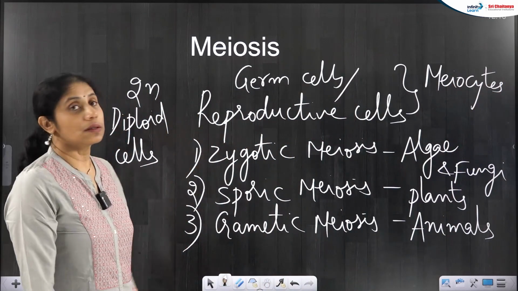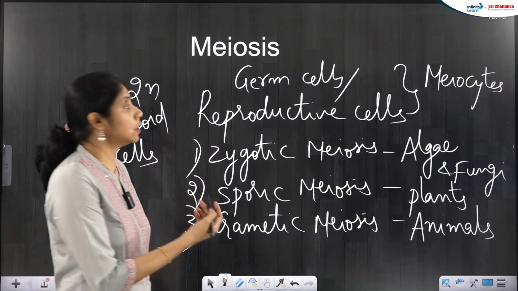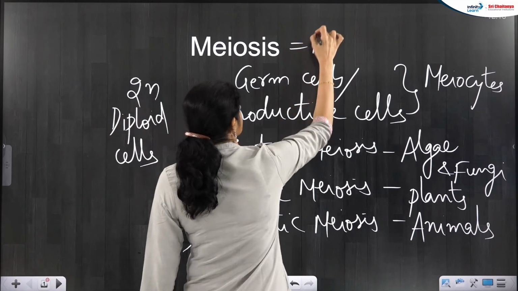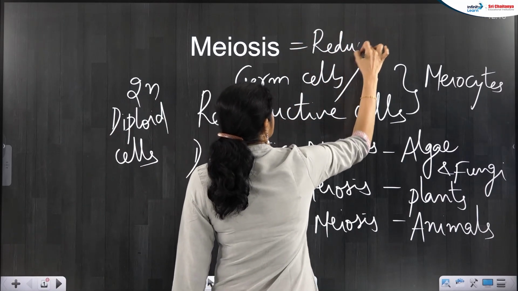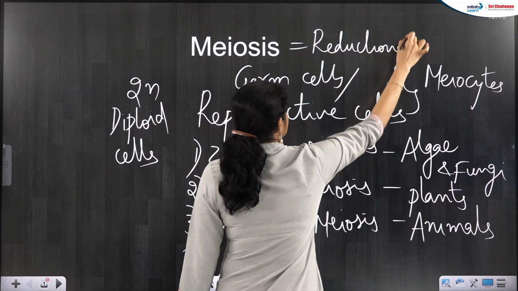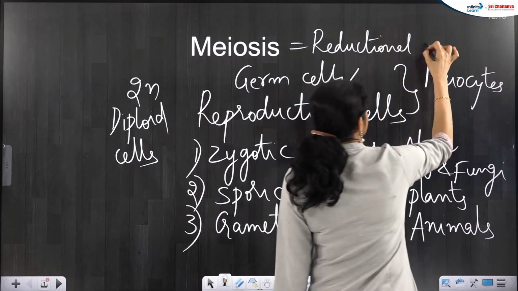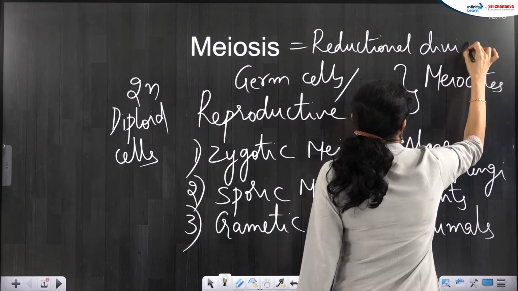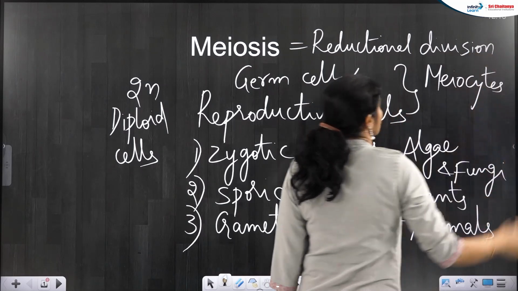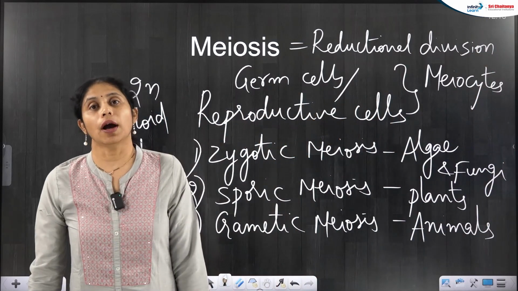Meiosis also has a nickname. It is called reductional division, because it reduces the chromosome number exactly to half.